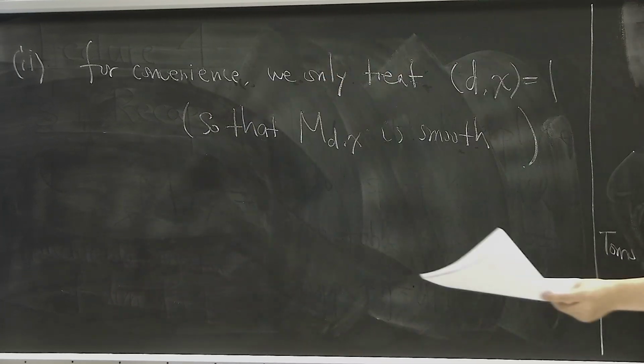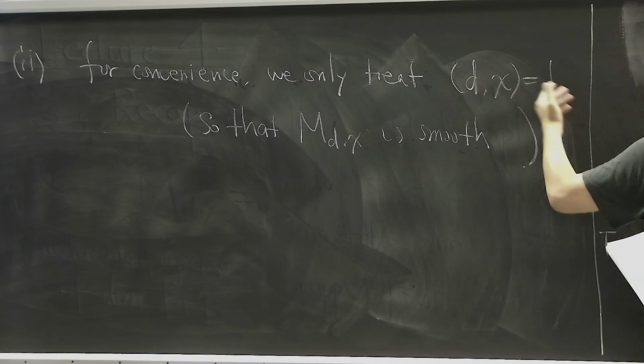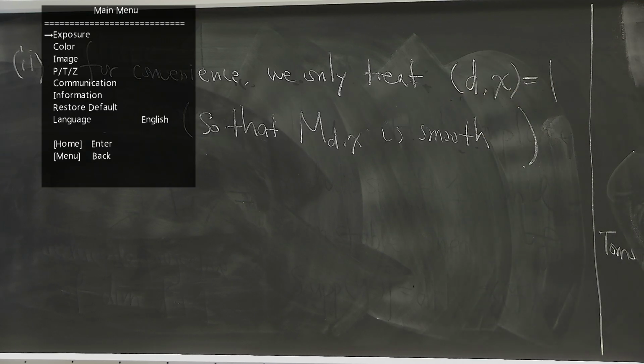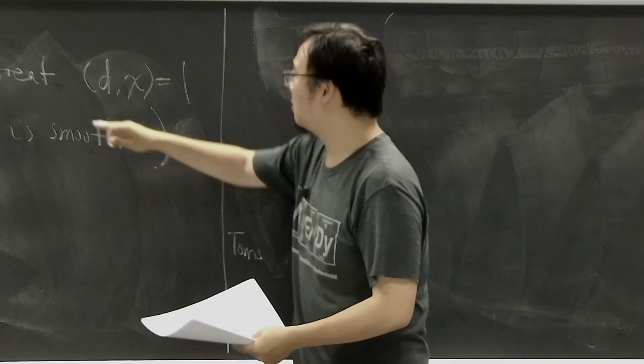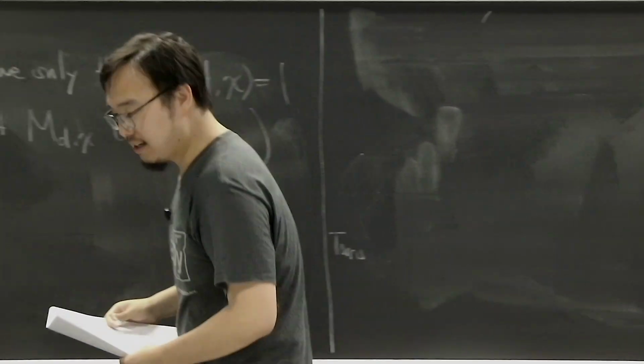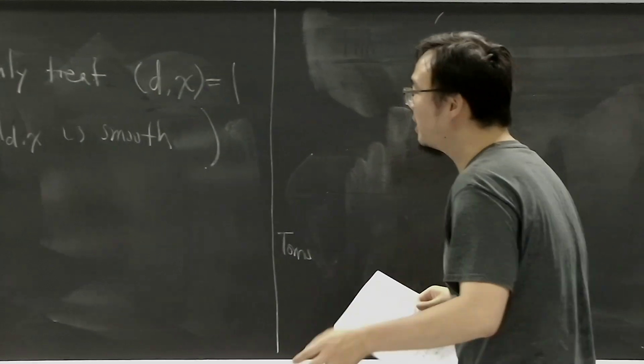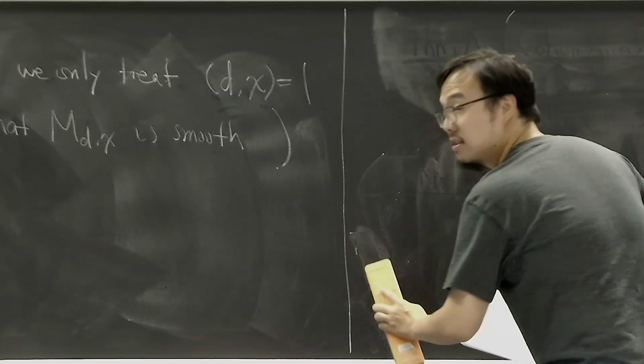If you look at the paper with Devesh Maulik, you see that this condition is actually not that essential. The same argument I said today, after some generalization, will give you all the cases of D and chi. But just for convenience, let me focus on the smooth case, since the ideas are the same.